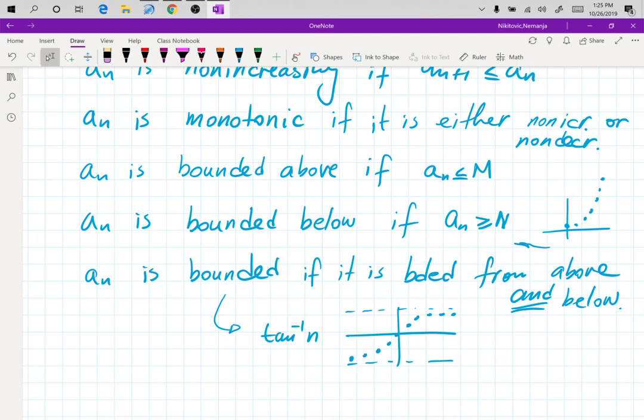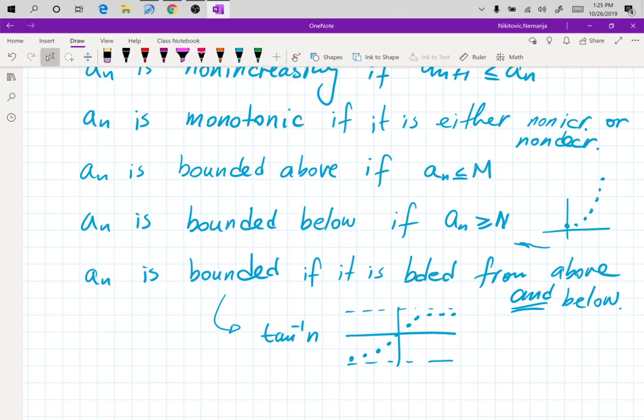And the last theorem that we are going to write, once you study all of these terms and terminology, when you see this theorem, it will make perfect sense.